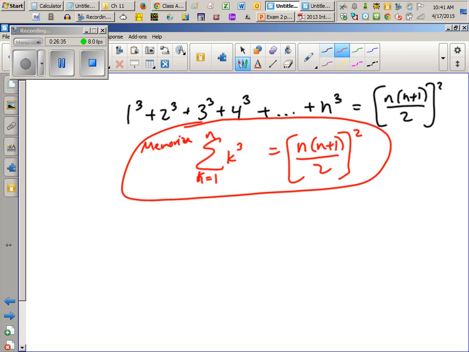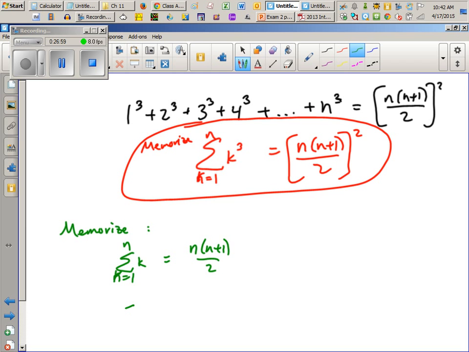Okay, so let's summarize the 3 things Mr. Short wants you to memorize for the group quiz. Well, group quiz is open notes. But I mean for next Thursday's test. Here it is. Ready? You want to memorize the sum of the first n integers is n times n plus 1 over 2.